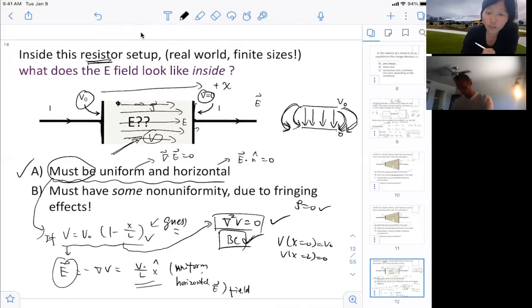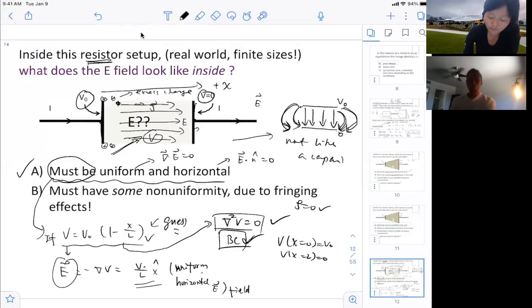So how is that possible? There might be some excess amount of charges on the surface that help shape your electric field this way, so it does not look the same as a capacitor. In real circuits, there are excess charges built up on the surface of a resistor.